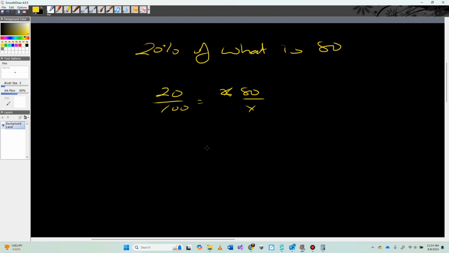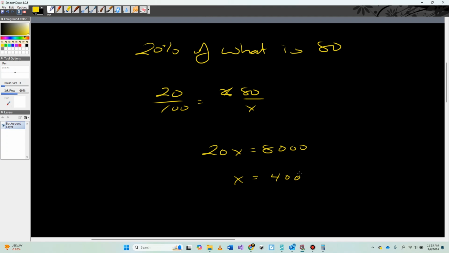So I cross multiply. 20x is equal to 80 and two more zeros. And that's going to be equal to 400. So 20% of 400 is going to give me the value 80.